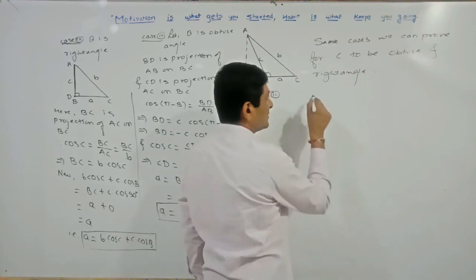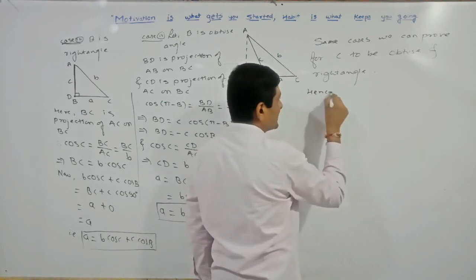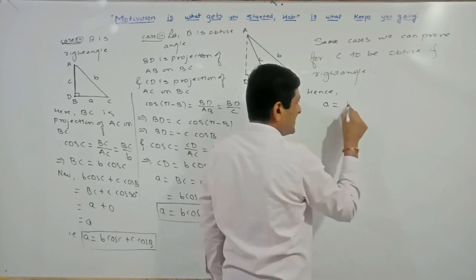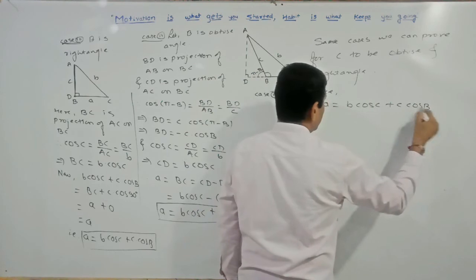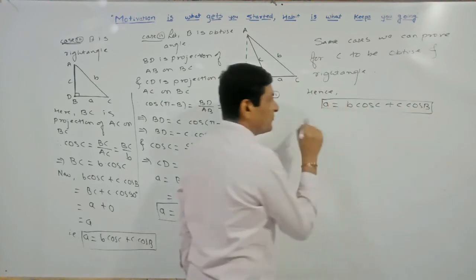Hence we can say that in all cases the value of a is equal to b cos C plus c cos B. In this way we have proved the first statement.